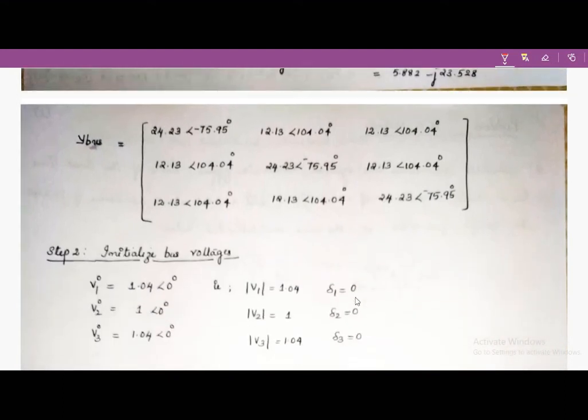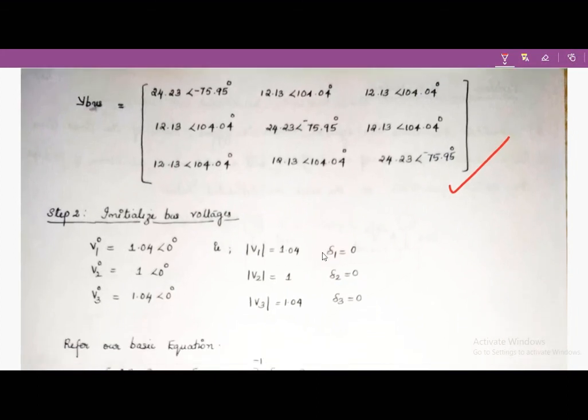Another important thing to consider is that, for calculation simplicity, please calculate the Y bus in polar form for the Newton-Raphson method, because in the mathematical derivation of Newton-Raphson we considered every element in its polar form, whether admittance or voltages, with its magnitude and its angle. So we will be calculating the bus admittance matrix in polar form, with magnitude and angle.